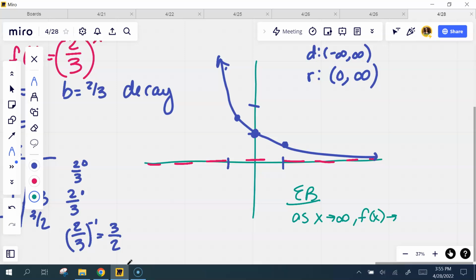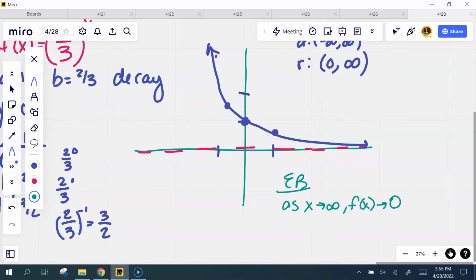Never actually touches, so it approaches, and this is where I think the approaches makes more sense than the other graphs that we've talked about. But it approaches 0. It gets really close to 0. And then if I look at the left side, as x approaches negative infinity, the graph is clearly going up really fast on the left side, so it approaches positive infinity.